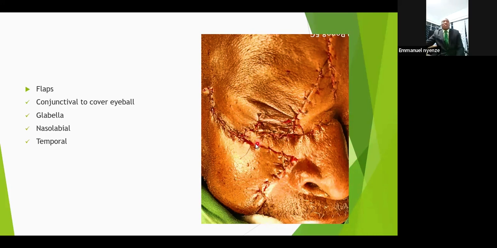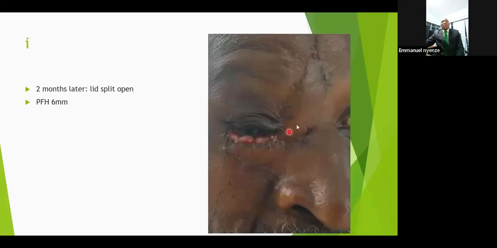This patient, as I said, we saw in an outreach, so we had to go back for another outreach 2 months later. And 2 months later, the patient came for the outreach. He had done fairly well. And we managed actually to separate the lid.